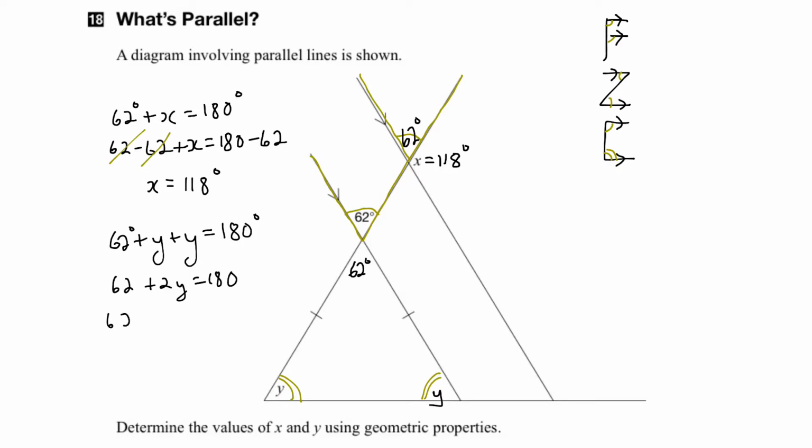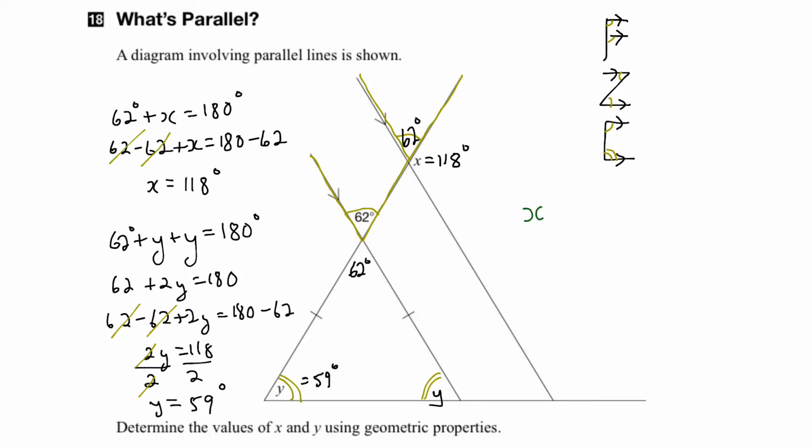So 62 minus 62 plus 2y equals 180 minus 62. The 62s cancel, and we're left with 2y equals 118. Now we need to isolate the y, so we divide both sides by 2, and the 2s cancel, and we're left with y equal to 59 degrees.